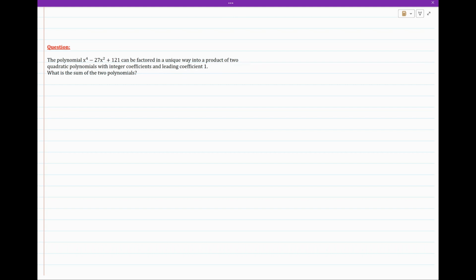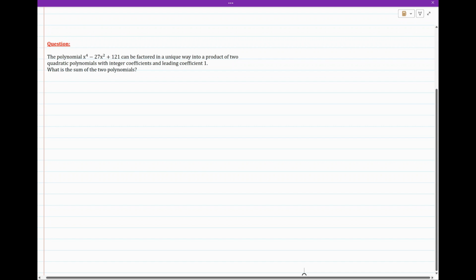The points to note here is that the leading coefficients are 1 and the product is of two quadratic polynomials.